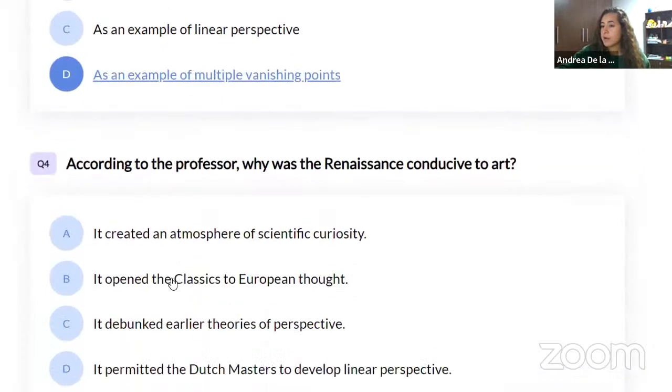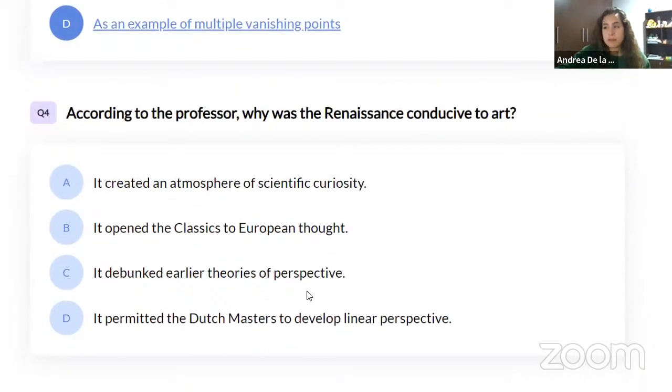Now, question 4 says, according to the professor, why was the Renaissance conducive to art? What would you guys say?